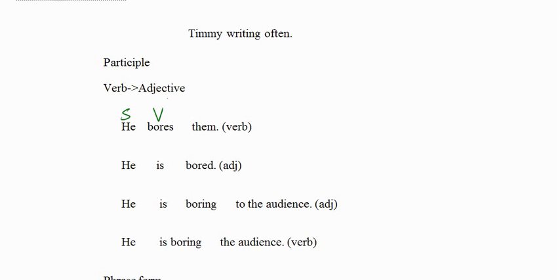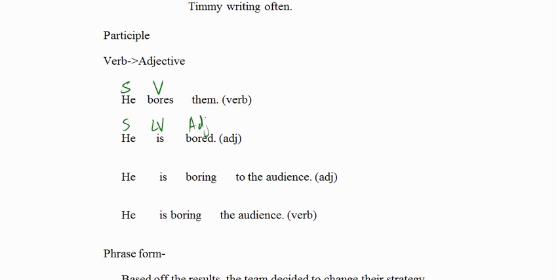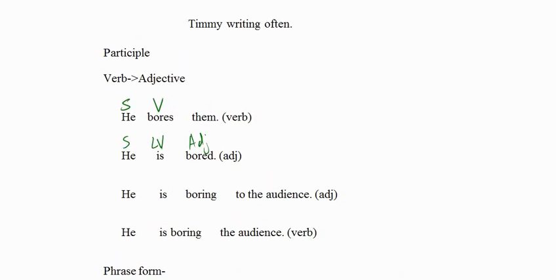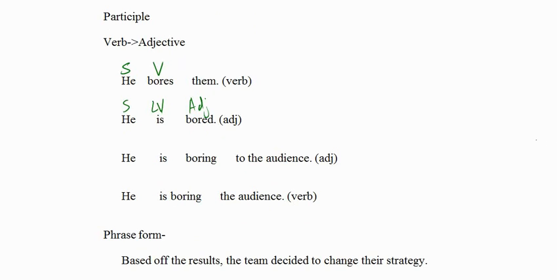So let's start with this sentence. He bores them. In this case, bores is functioning as a verb. Now, if we shift over to the next sentence, he is bored, that's a description of him. So in this sentence pattern, bored is functioning as an adjective. Now, with the participles, sometimes you can have a past participle or a present participle, and that's when it can get confusing for some students. So here, we have one functioning as an adjective, he is boring to the audience, and one functioning as a verb, he is boring the audience.